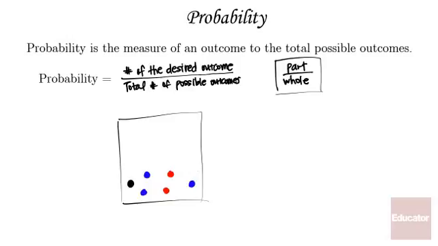Now I want to know what's the probability, what are the chances of picking a blue marble. If I close my eyes and reach into the bag and pick one marble, what are the chances of picking a blue marble?